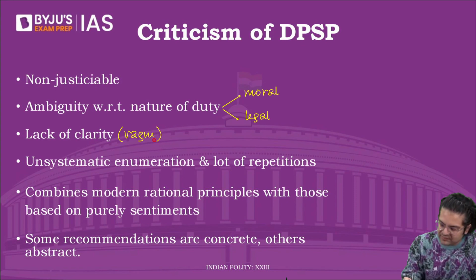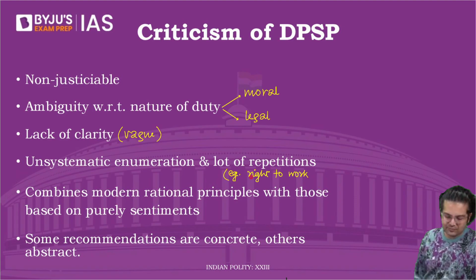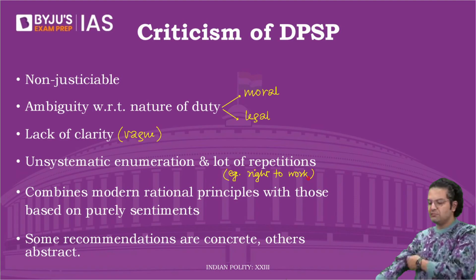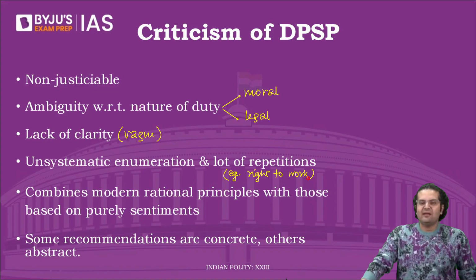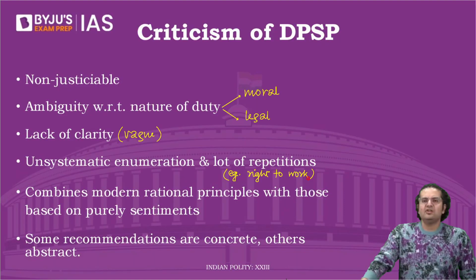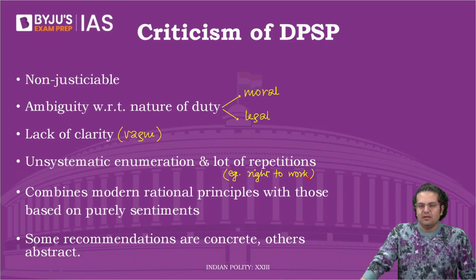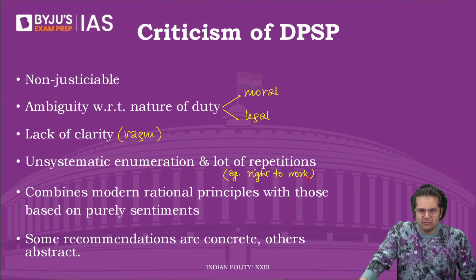A very good example here is the right to work appearing so many times, and it combines modern rational principles like protecting the wildlife, etc., with those based on sentiments: don't drink, enjoy the leisure period, etc. So these are sentimental principles only.